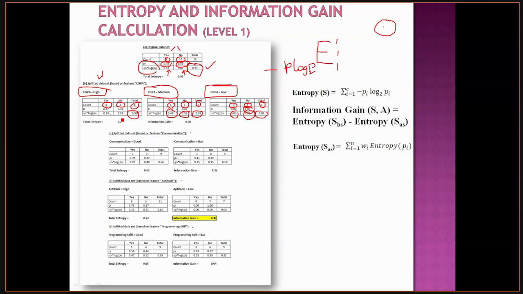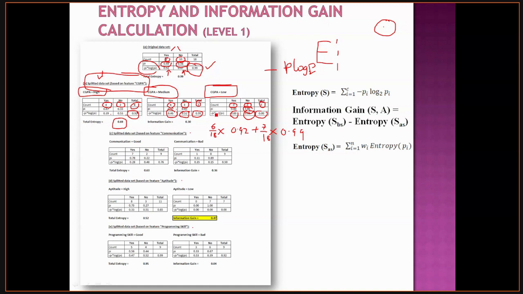Now, how do I calculate the overall entropy for this whole CGPA split? For this, I have to do it by proportion. So 6 divided by 18 multiplied by the total entropy of this portion, which is 0.92, plus 7 divided by 18 into 0.99.